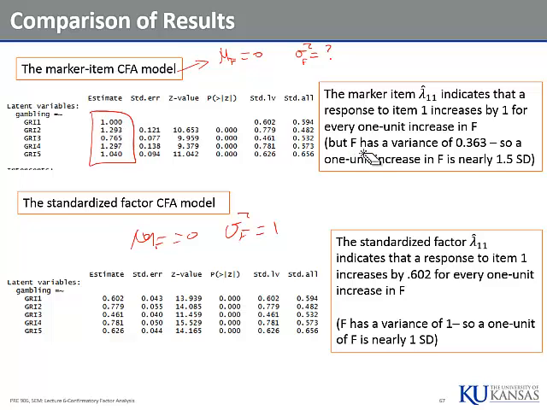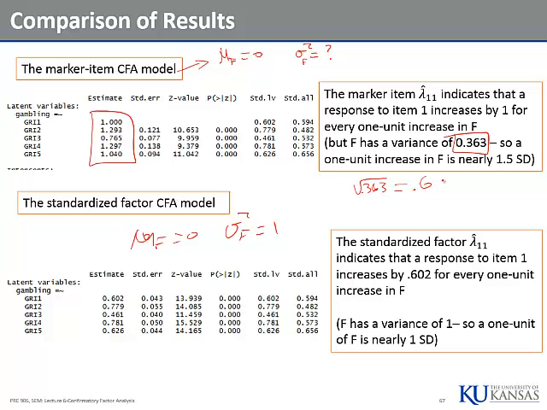Now, like we talked about last week, I had a couple of you interpret some of the beta weights in the regression. What's 1 unit of the factor? 1 unit of the factor depends on its standard deviation. f has a variance of 0.363. The square root of 0.363, what was that? 0.6, thank you.